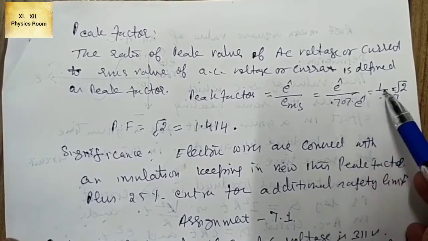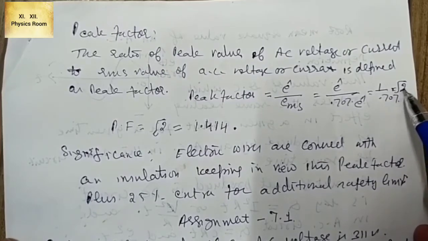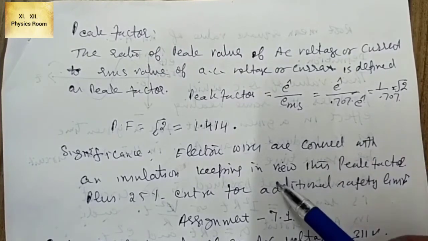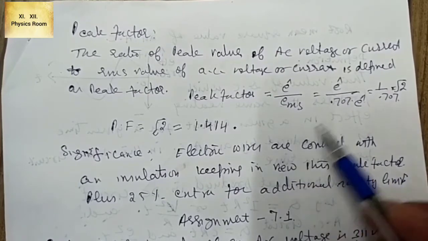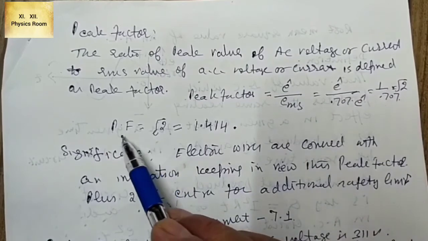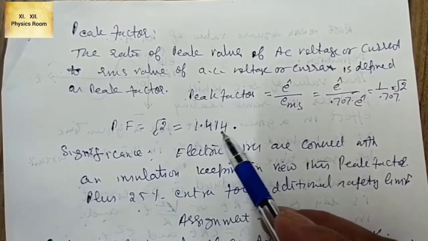So E max cancels, and 1 by 0.707 is equal to root 2, because 1 by root 2 is 0.707. Therefore 1 by 0.707 will be equal to root 2. Peak factor is root 2, which is 1.414.